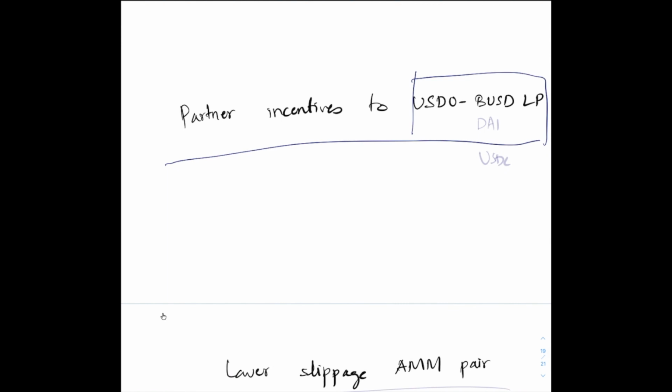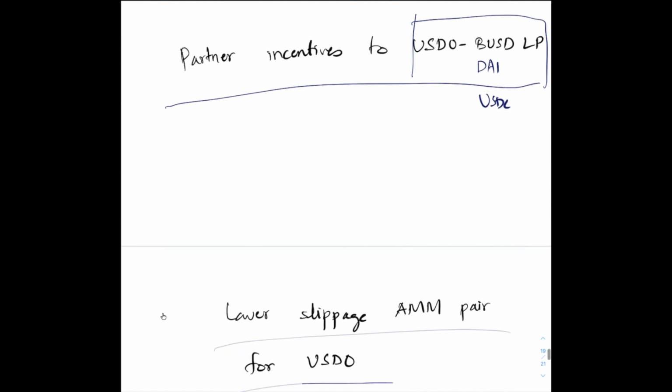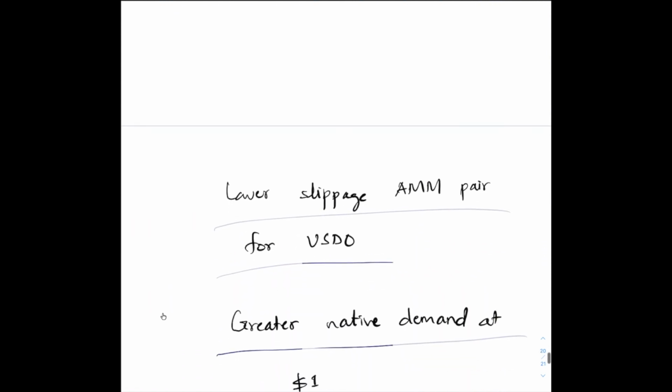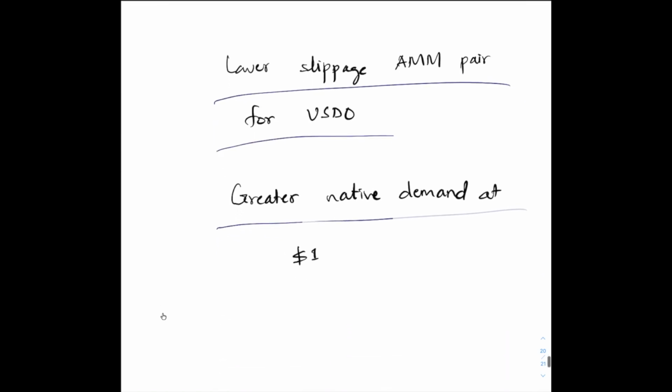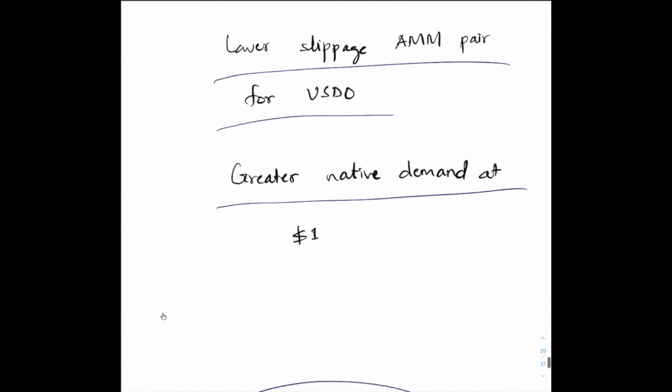And this can be other stables as well, DAI, USDC, etc. So this allows us to create a lower slippage AMM pair for USDO and also create native demand at $1. And that will help us achieve our objective of ensuring that USDO stays at peg.